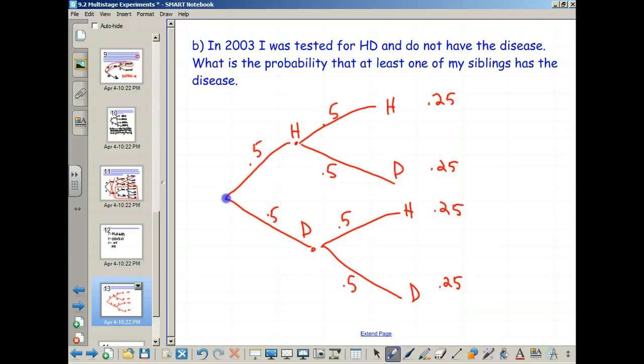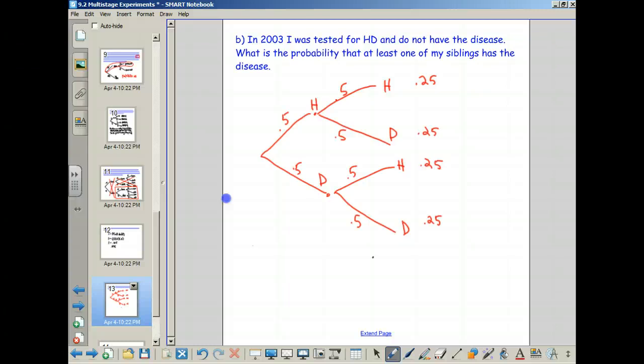What is the probability that at least one of my siblings does have this? Well, as we did before, this is 1 minus the probability that they all, or both in this case, don't. Well, what is the probability that they both do not have Huntington's? 0.25, right?